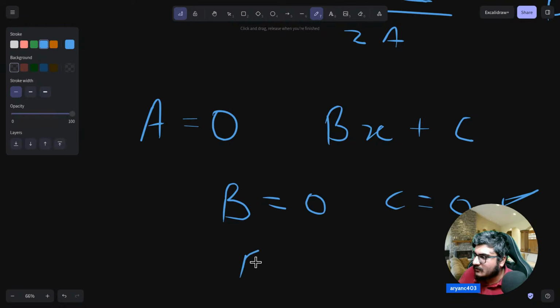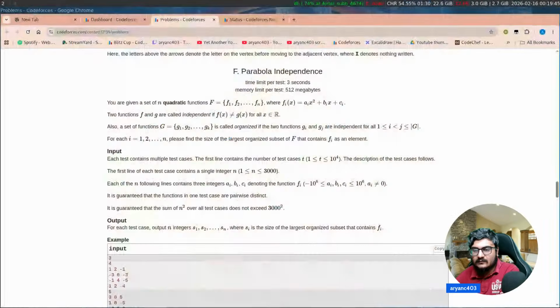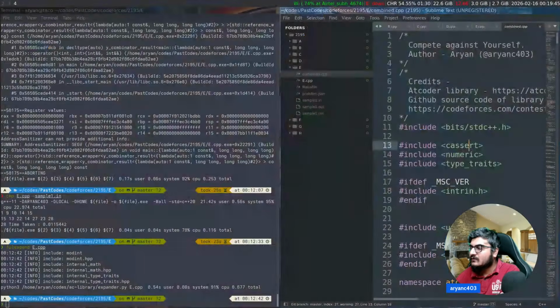Or if b is equal to 0 and c is not equal to 0, then these will never intersect. So this is the first intersection function that we have to write.